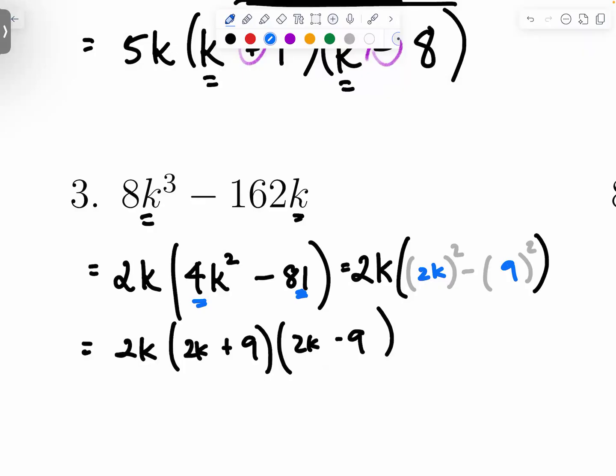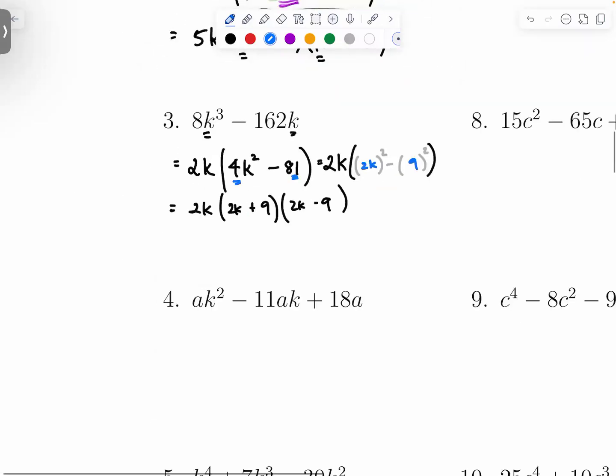And that's how I know it's 2k plus 9 and 2k minus 9. You have got to be very sensitive, and that's why we practice. If you don't get it, it's okay. Look at the answer and say, ooh, yeah, I should have caught it earlier. It's okay. Pick it up next time. That's what practices are for.